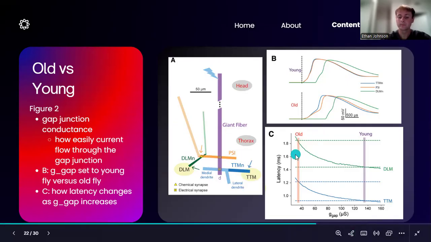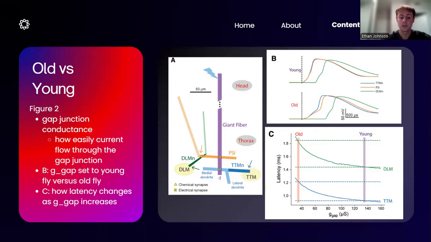And down here, what they're also looking at is the gap junction conductance. So I know in some of the groups we were having people mention conductance. And what this is talking about is how easily this current is able to flow through that gap junction.